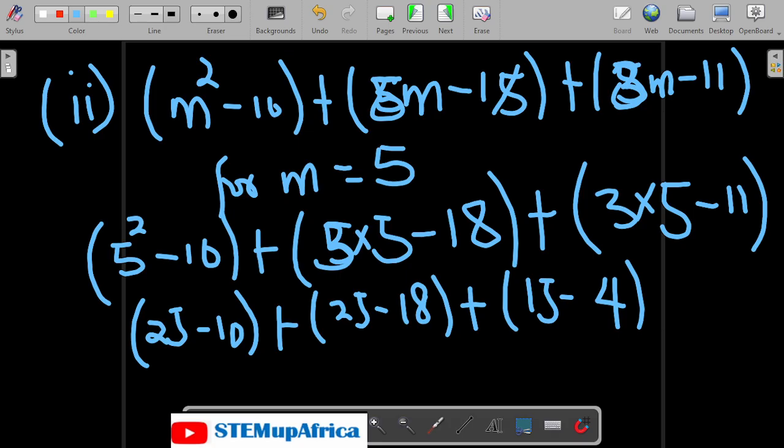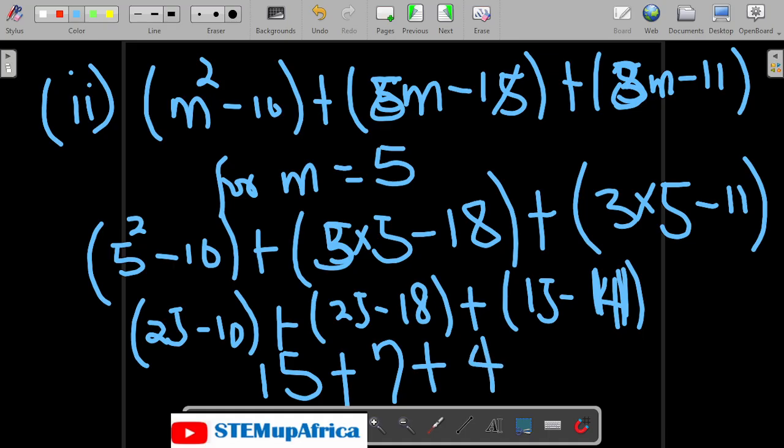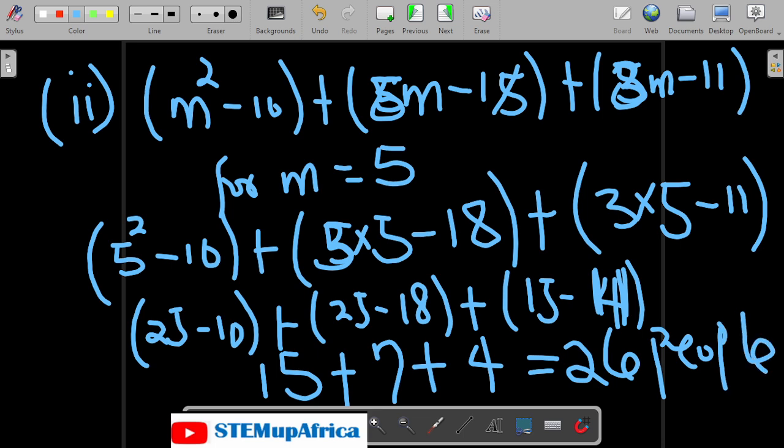So 25 minus 10, that is now 15, plus 25 minus 18, that is 7, 15 minus 11, sorry, that is 4. So if we add what we're having, 26 people speak exactly one language.